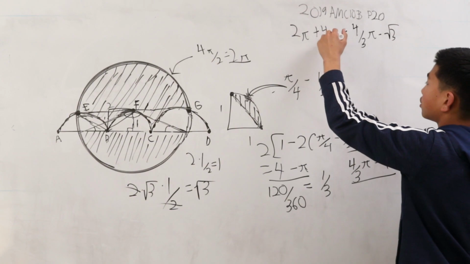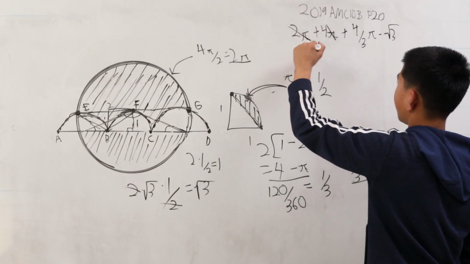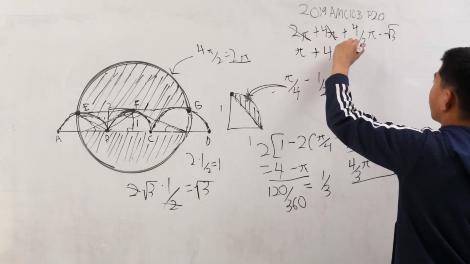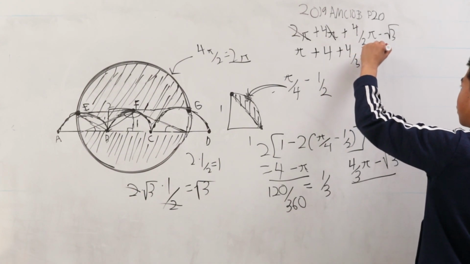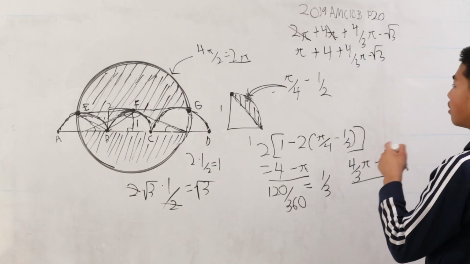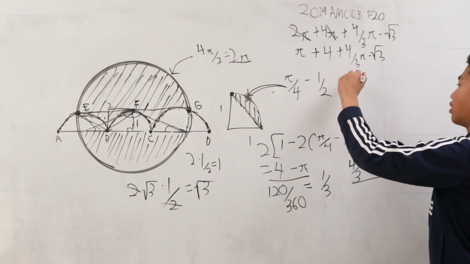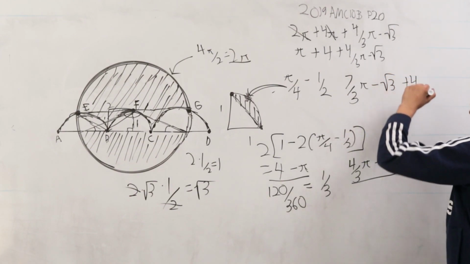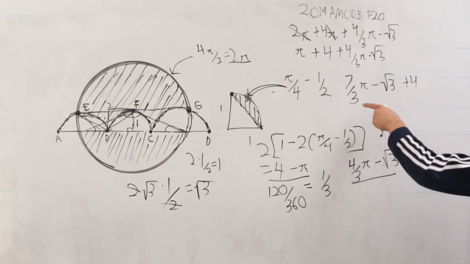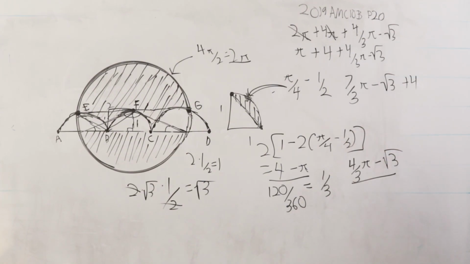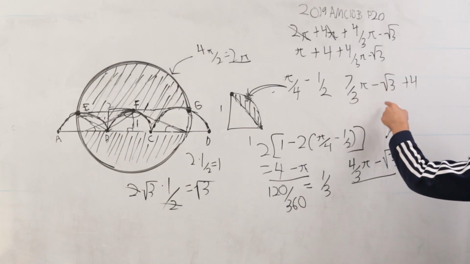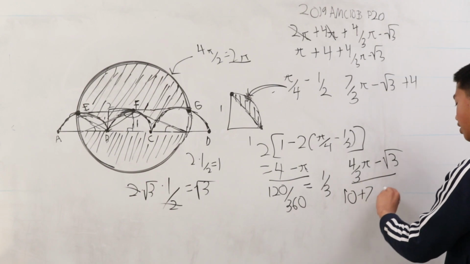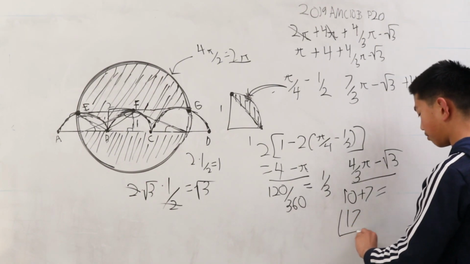The 2 pi minus pi just becomes pi, so it is pi plus 4 plus 4/3 pi minus square root of 3. In the form the question wants, this is 7/3 pi minus the square root of 3 plus 4. So our answer is 7 plus 3 plus 3 plus 4. That's 10 plus 7, so our answer is 17. We are done.